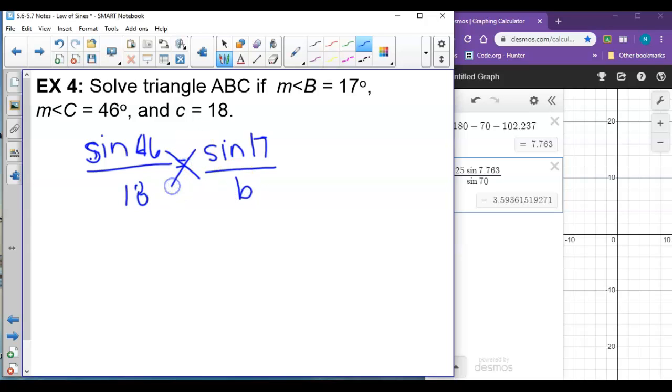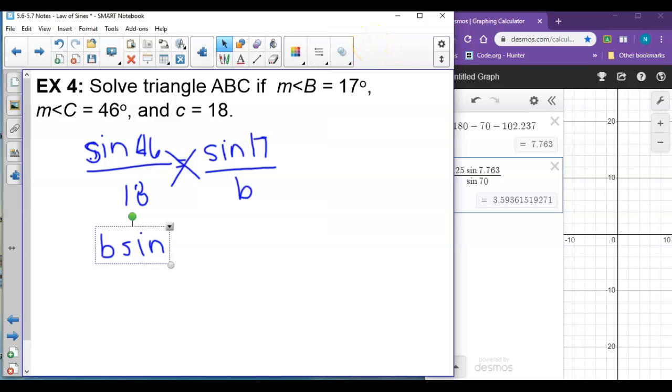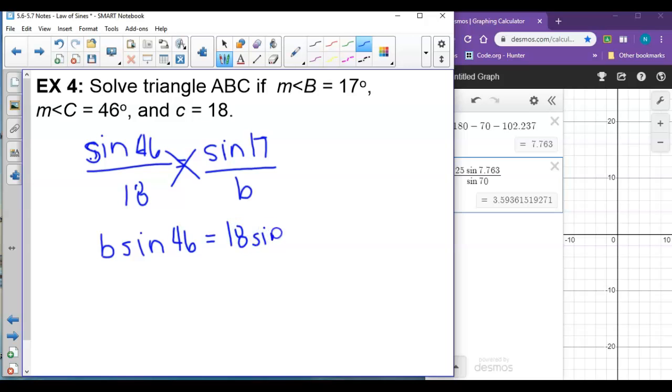And so I will cross multiply: b sine of 46 is going to equal 18 sine of 17.